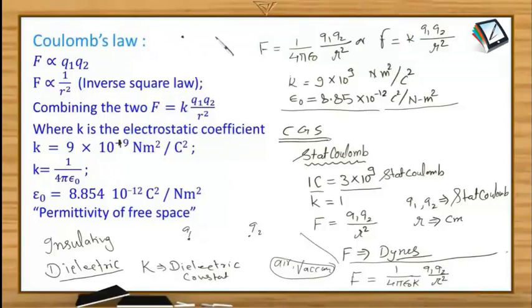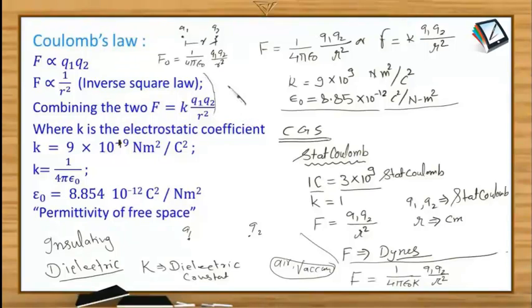Suppose two charges are there, Q1 and Q2, at a separation R, and if the medium is air or the vacuum, then the force acting is, suppose, F naught. So F naught will be written as 1 upon 4 pi epsilon naught into Q1 Q2 divided by R square.